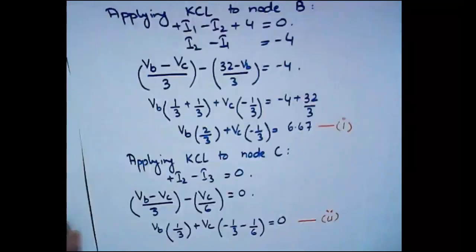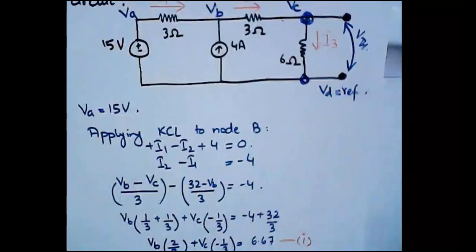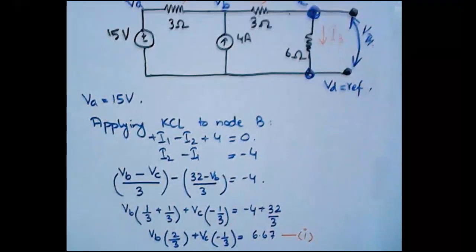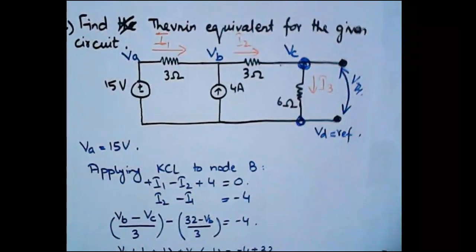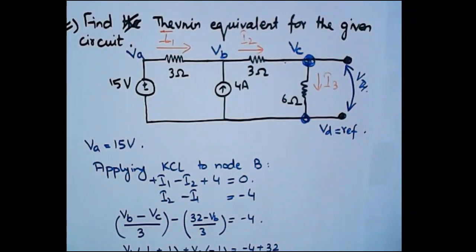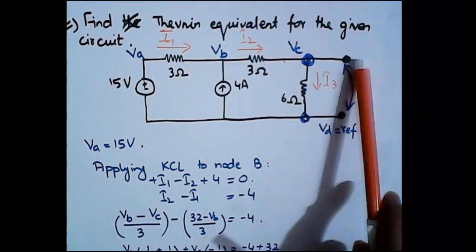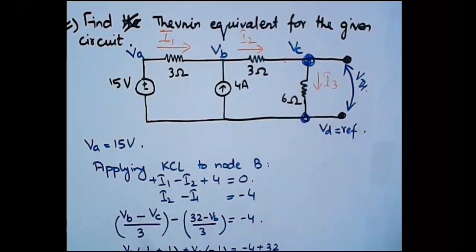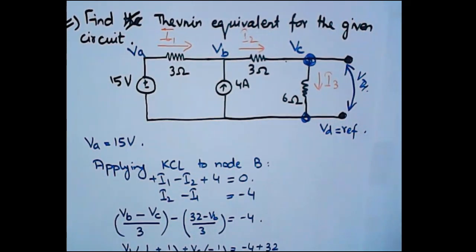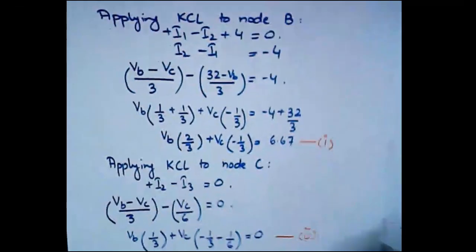Now if we have a look at the main figure, since we need to find out the value of Vthevenin, we see that Vthevenin is equal to what? Vc, right? Because these are the same nodes. So we won't be using the value of Vb, and we will be directly calculating the value of Vthevenin, solving equations 1 and 2.